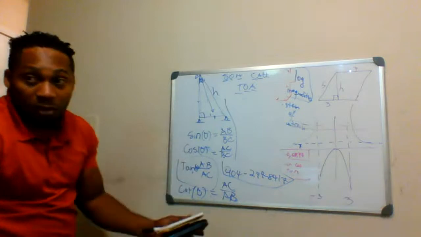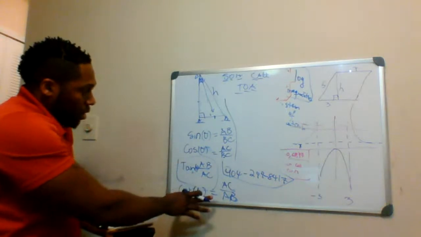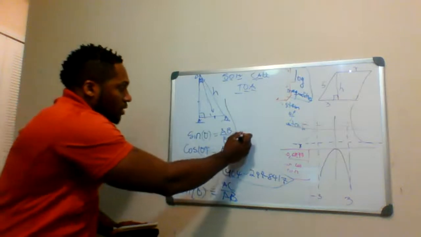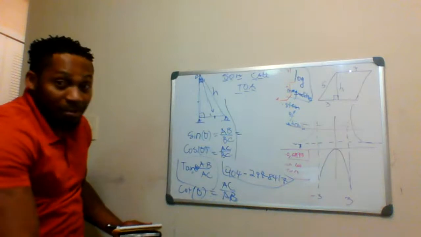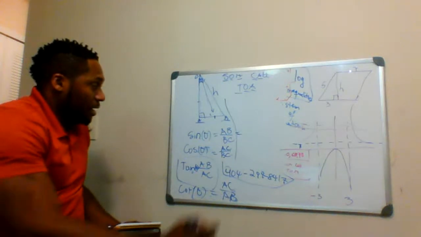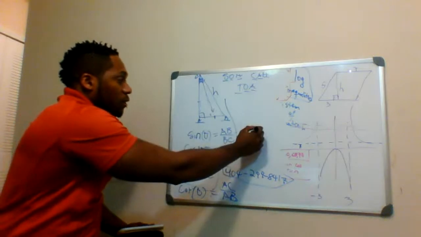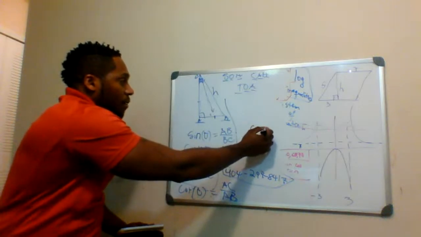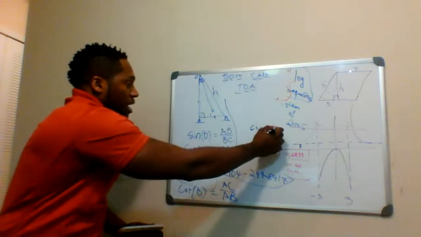Secant and cosecant, it's the same thing. Cosecant is the inverse of sine, and the secant is the inverse of cosine. So the cosecant is the inverse of sine, so you would flip this one.